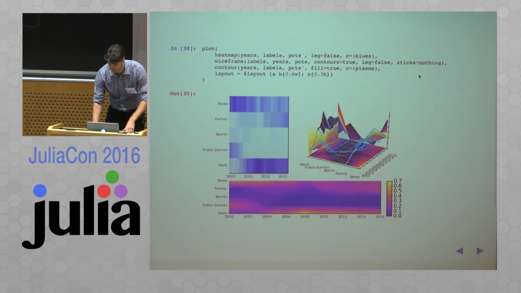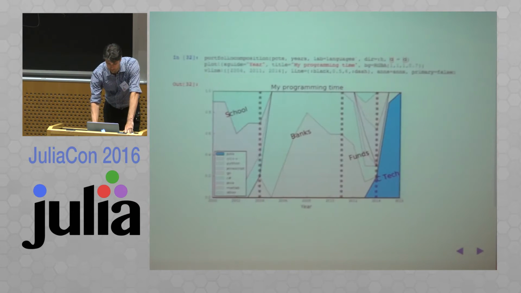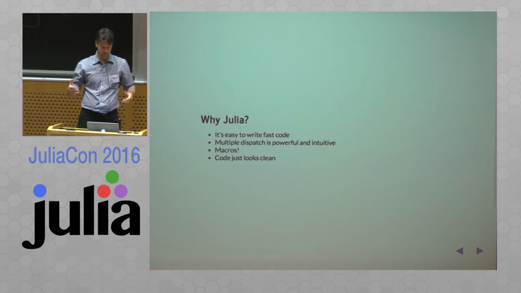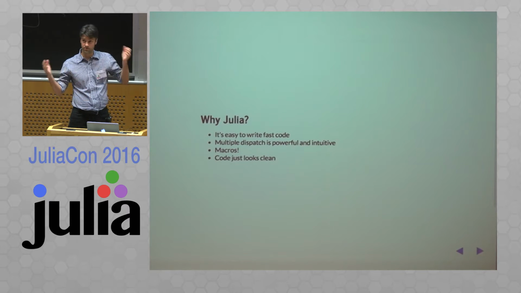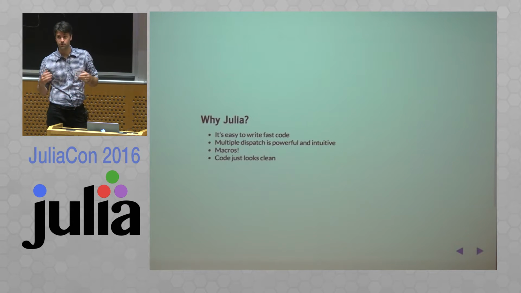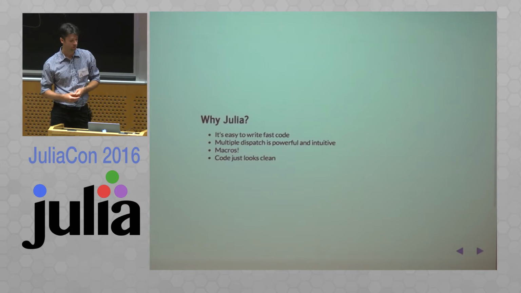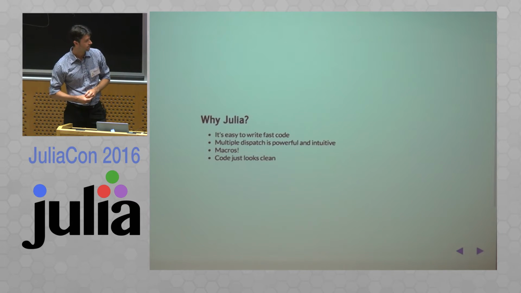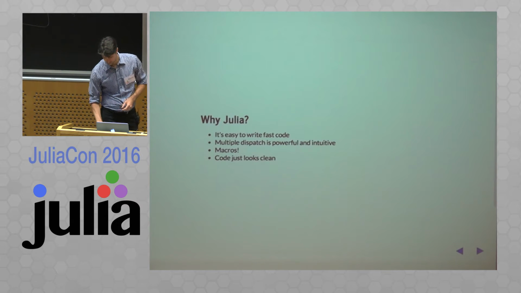And so I think that's a really great thing about Julia. And because of all these things, the code is just really clean in the end. You have fewer functions to do the same thing, pretty minimal boilerplate code. Or at least you can avoid boilerplate code, and it's just easier to maintain.